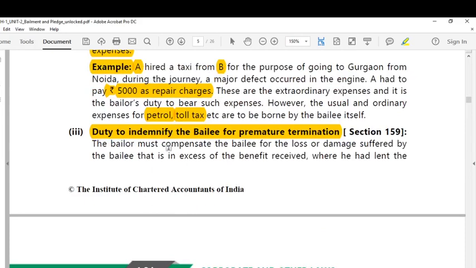So very simple, duty to indemnify the bailee for premature termination of a contract. Say for example, Mr. A has given his car to Mr. B with a contract to take that car back after 1 year.